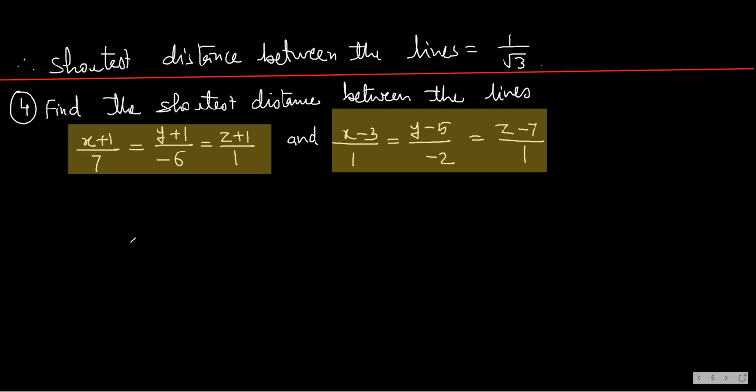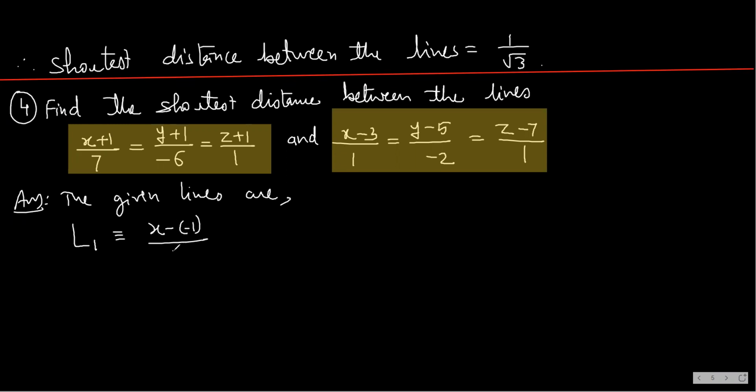So here I write the solution. The given lines are, I write the first line as L1. So what is the L1 equation? L1 is x minus of minus 1. It is x plus 1, but I write it as x minus x1.